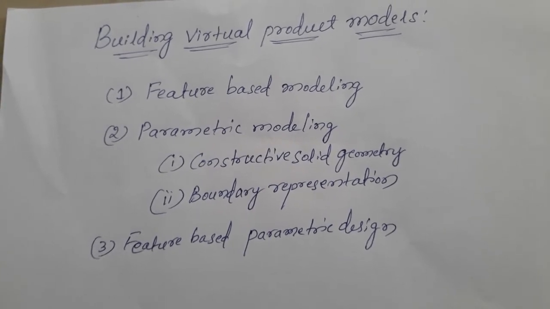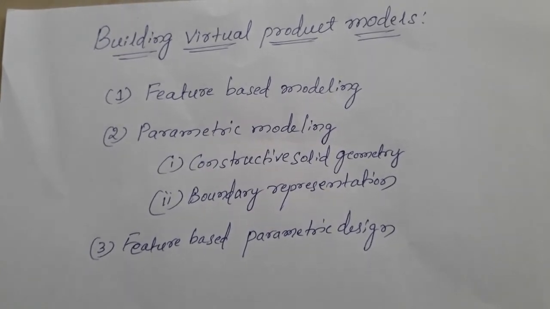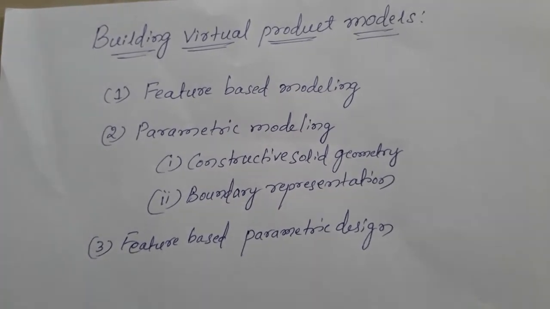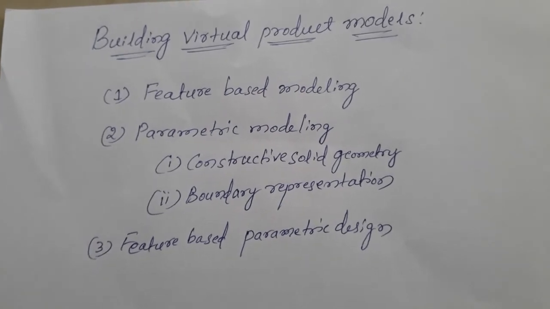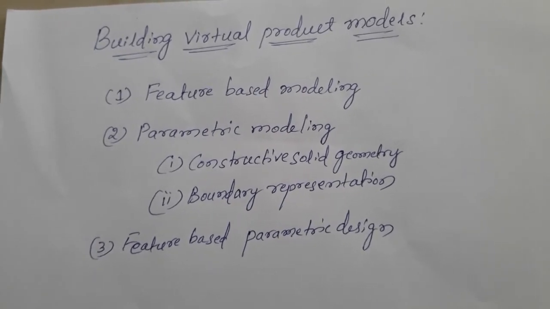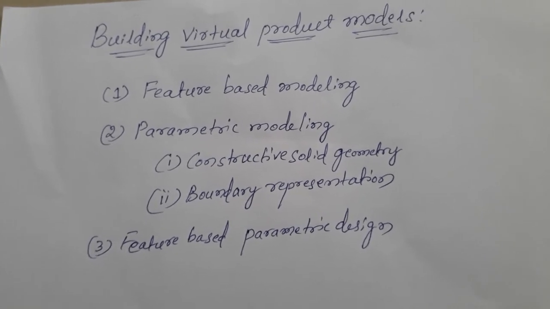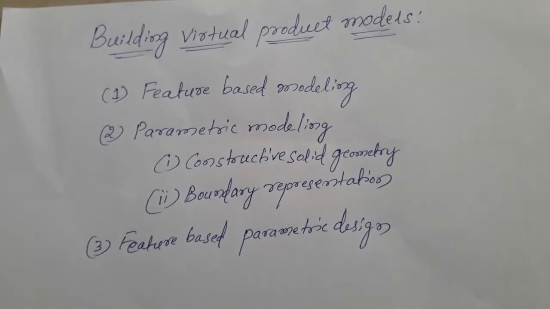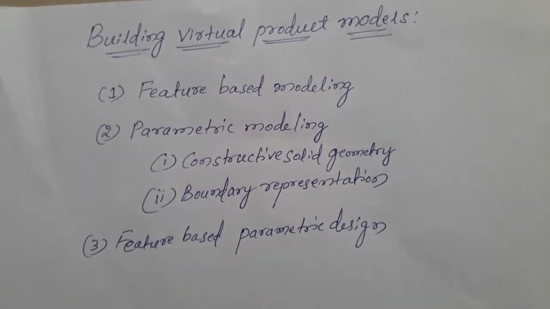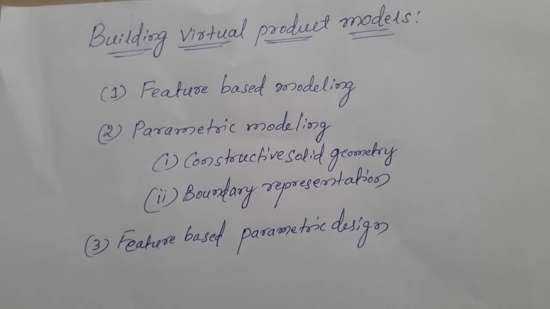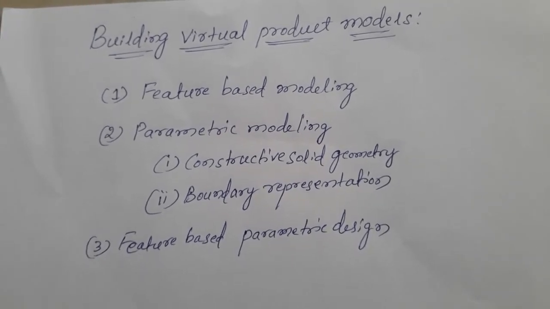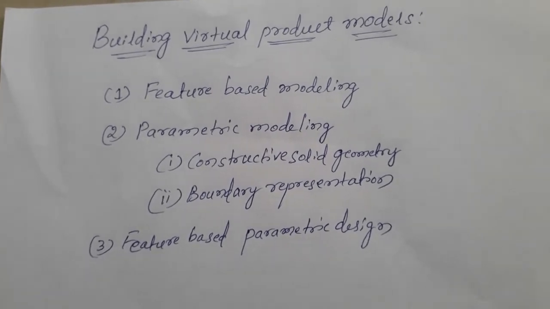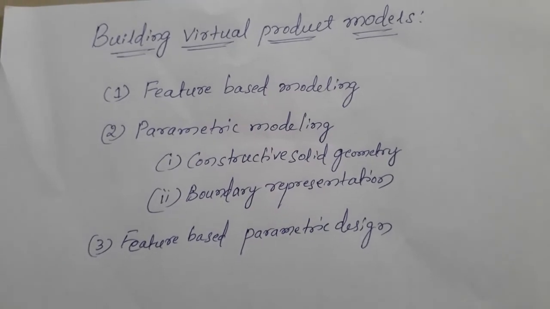For example, this technique combines basic solid objects like rectangular prism, cylinder, cone, sphere, etc. In this we are manipulating or simplifying, where something we have to add or something we have to delete, in order to produce the final shape of the model by using Boolean operations. Next is boundary representation.